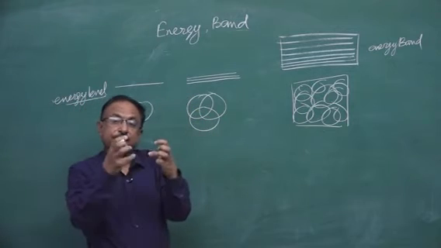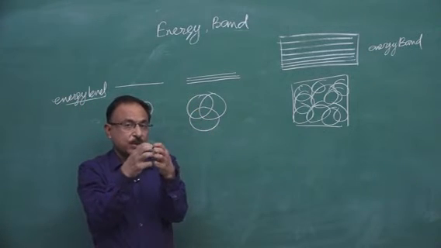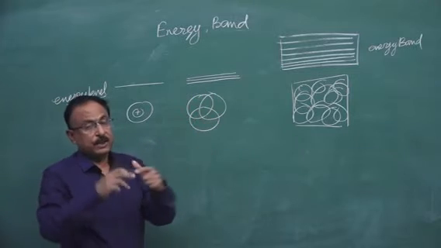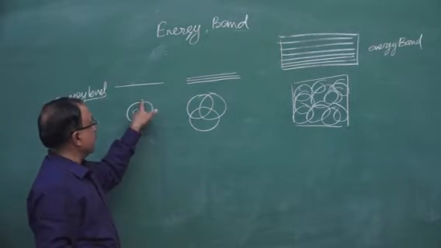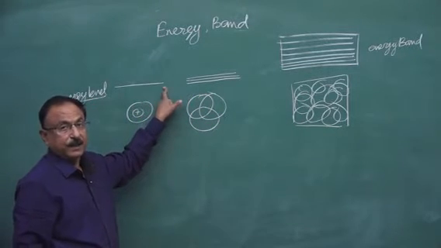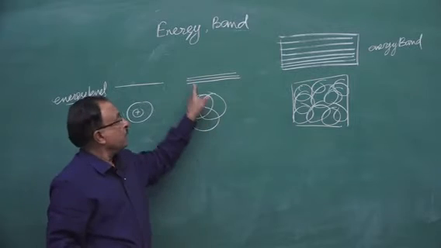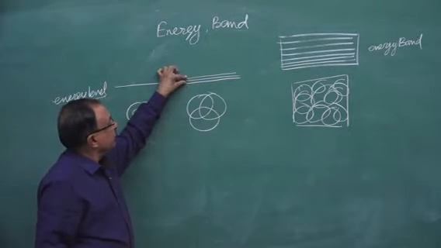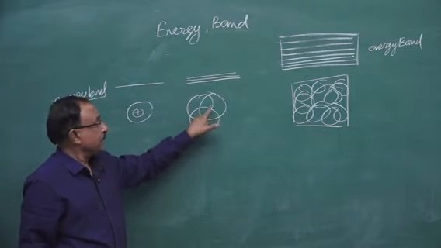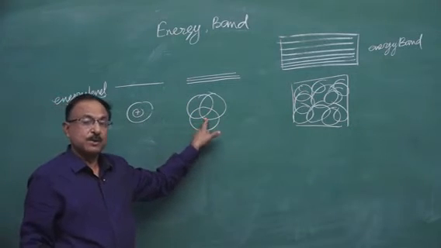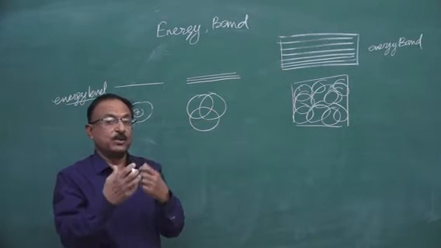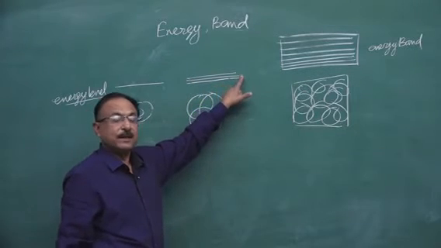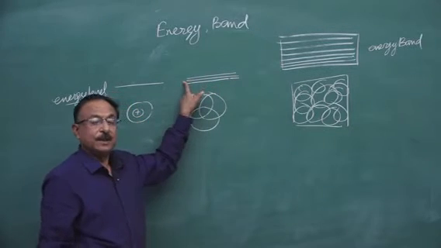Now if a number of atoms are closely packed, like 3 atoms, their outer orbitals overlap. The energy of the overlapped orbital, we represent by 3 closely packed lines.